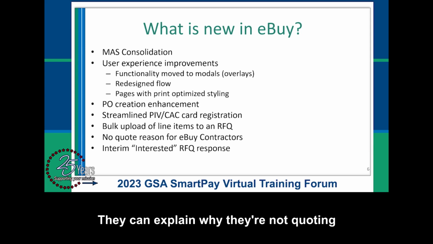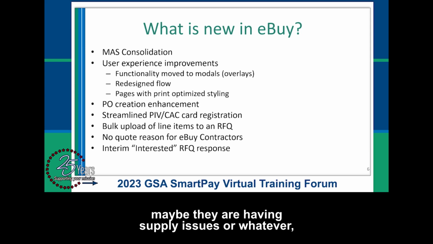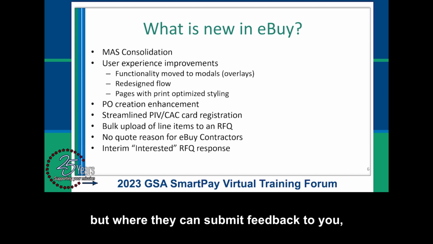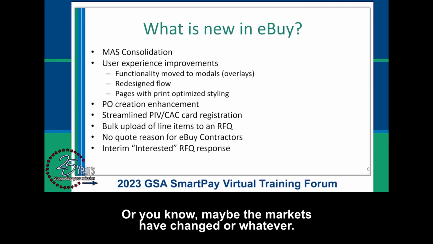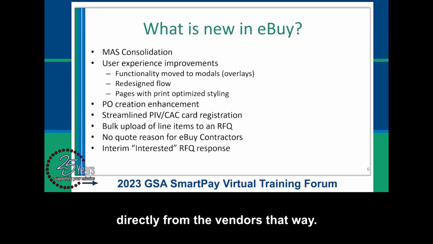They can explain why they're not quoting, or maybe they are having supply issues, but they can submit feedback to you so that you can see, oh, maybe there was something wrong with the way I wrote up my RFQ, or maybe the markets have changed. But you can get that feedback directly from the vendors that way.